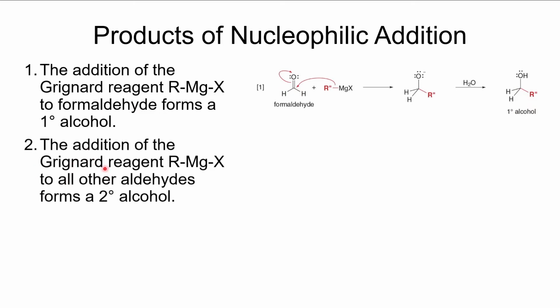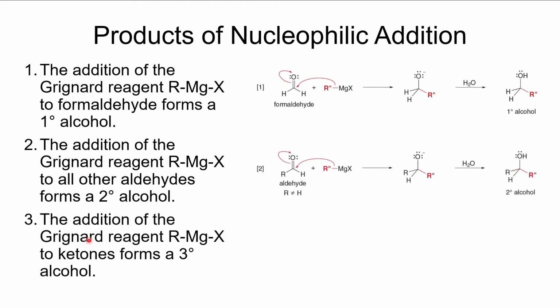If we start with a regular aldehyde, where one of these is an R group and one of them is hydrogen, then our product is going to be a secondary alcohol. And if we use a ketone as our carbonyl compound, and we treat that with an organolithium or a Grignard reagent, then we're going to get a tertiary alcohol.